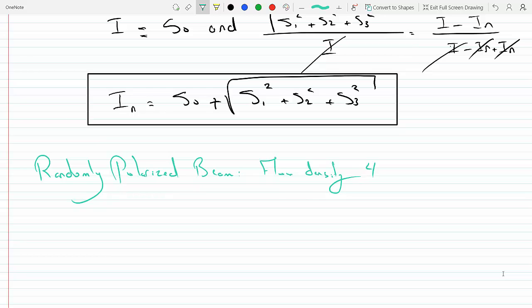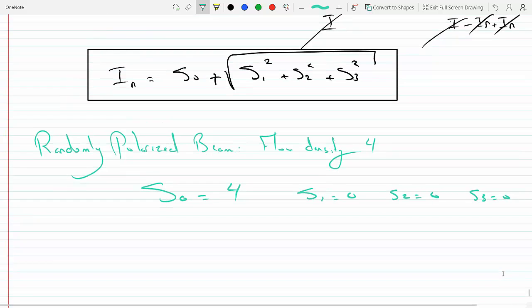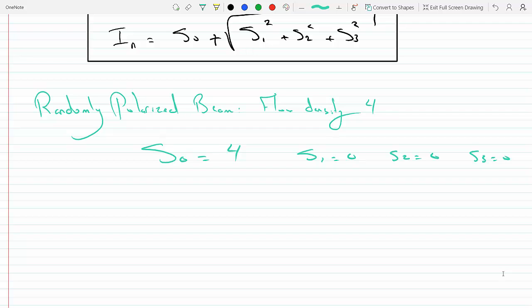What would the Stokes parameters look like? Well, S0 would be 4, S1 would be 0, S2 would be 0, and S3 would be 0. So if I write this as a column vector, this will be 4, 0, 0, 0.